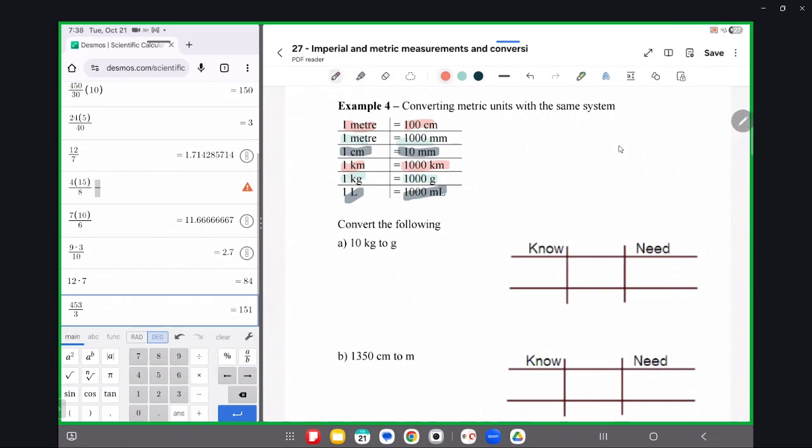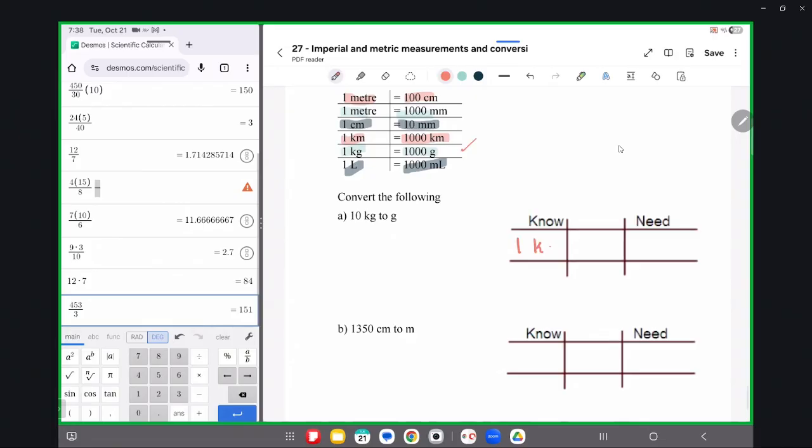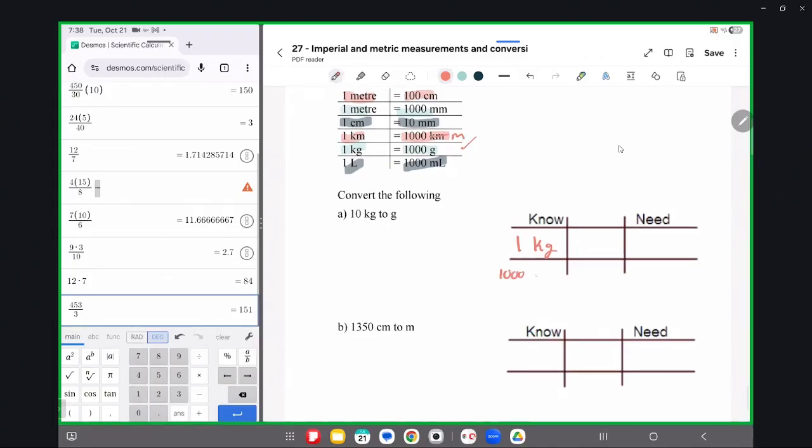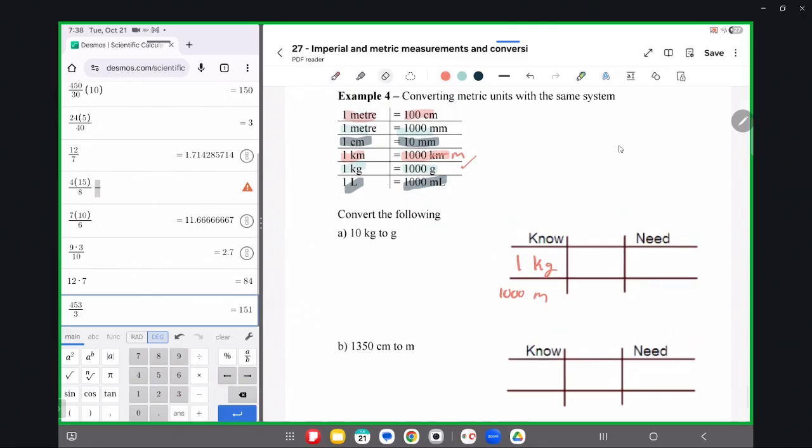So let us perform the following conversions. What about 10 kilograms to grams? We know that 1 kilogram is 1,000 grams, and we're curious to know how many grams 10 kilograms is.